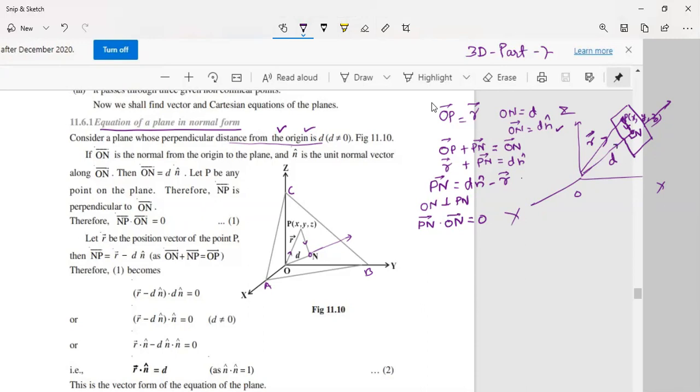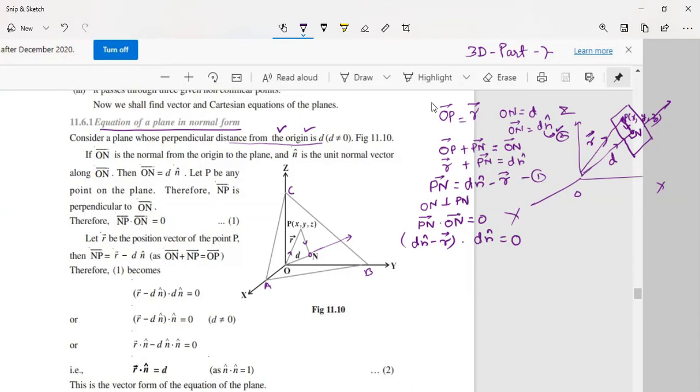Pn is equation number 1, and On is equation number 2. Just put the value of Pn here: (d n cap minus vector r) dot product with On, which is d n vector, is equal to 0. The right hand side is 0, since a dot product is a scalar product, so scalar 0.